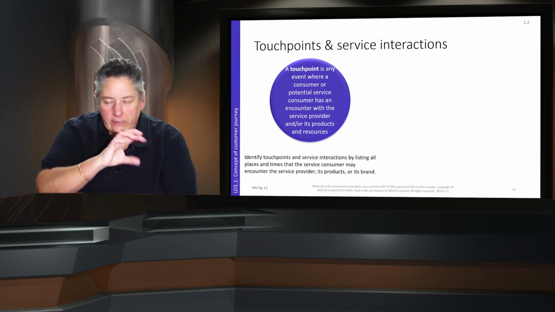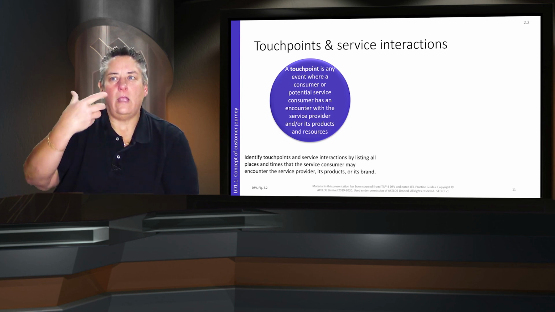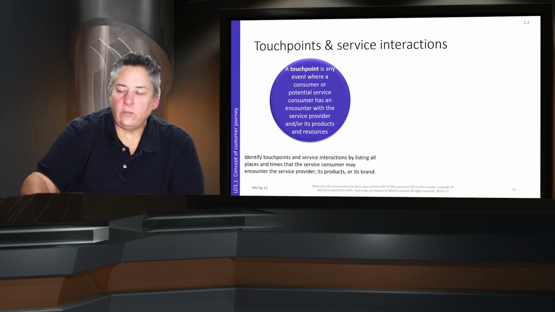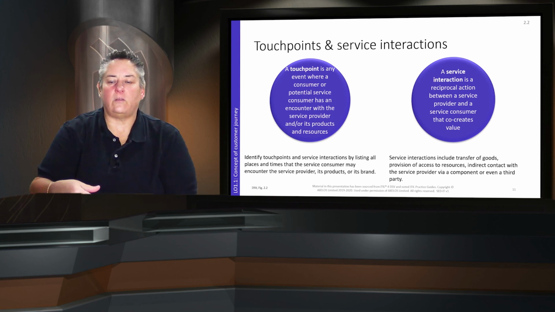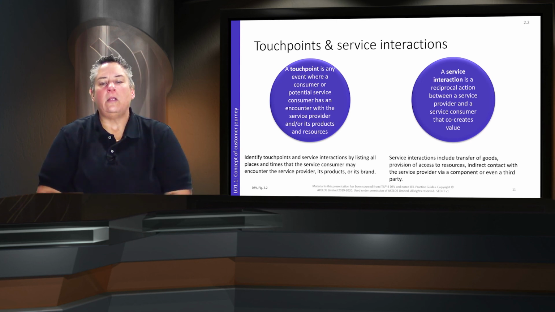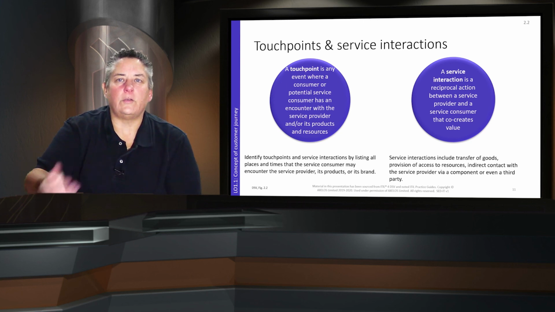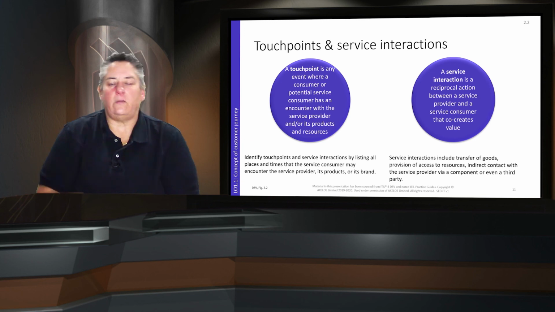We look at the entire journey end to end and say, how is it that that consumer is engaging? Then the service interaction piece is the reciprocal action between the service provider and the consumer that co-creates value. So those service interactions, and you should remember this from your foundation class, could include the transfer of goods. It could be the provision of access to resources.